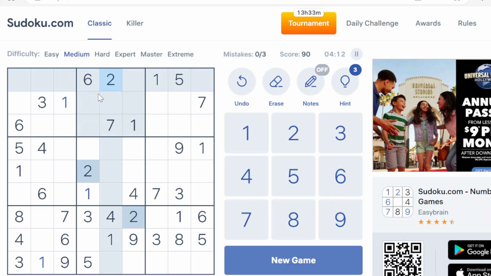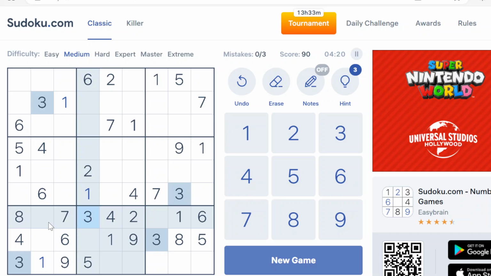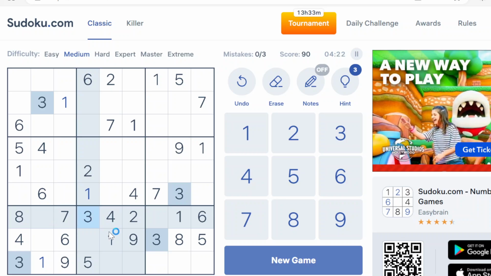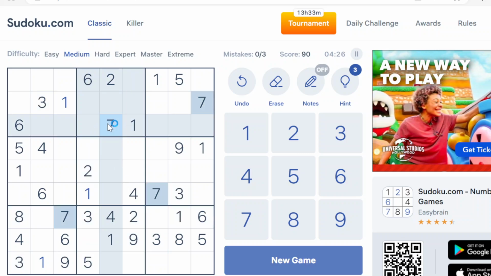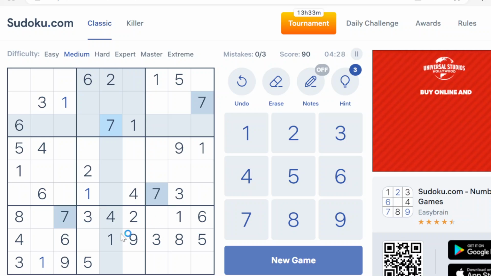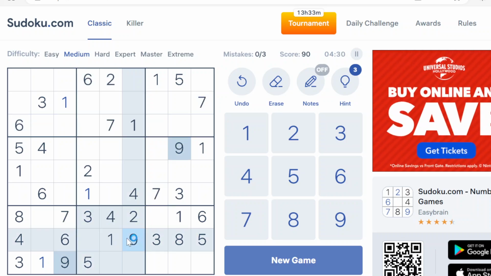Now let's try another number which appears frequently. So 2 only appears 3 times, so let's not use that. The number 3 appears 5 times, which isn't too frequently. 7 appears 4 times. 9 only appears 3 times.